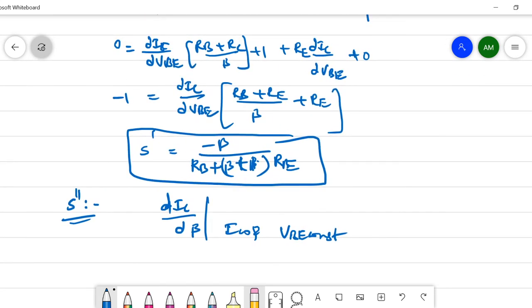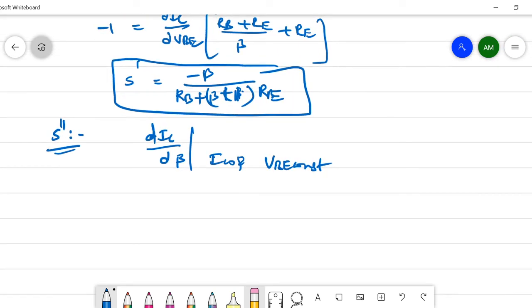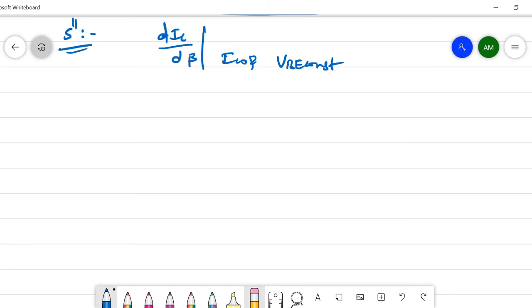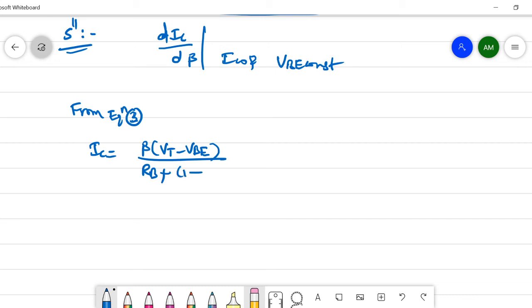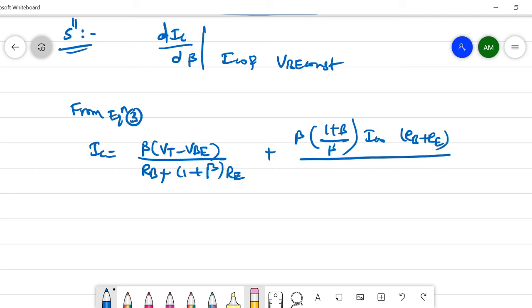From equation 3, IC is equal to beta into VT minus VBE by RB plus 1 plus beta into RE, plus beta into 1 plus beta by beta, ICO RB plus RE by RB plus 1 plus beta into RE.